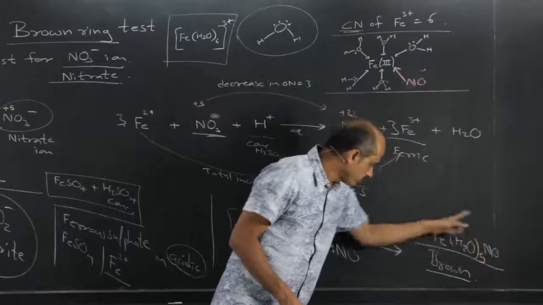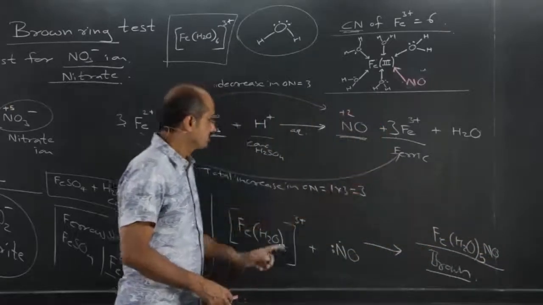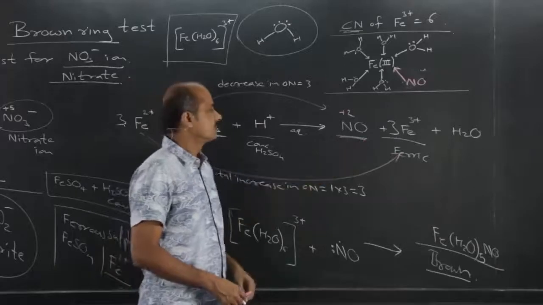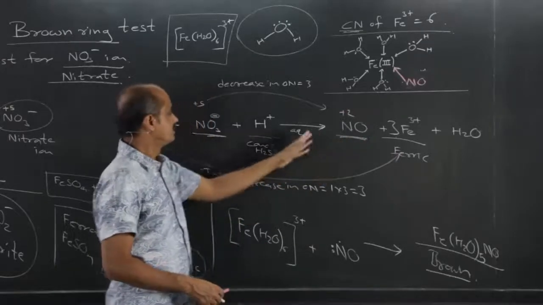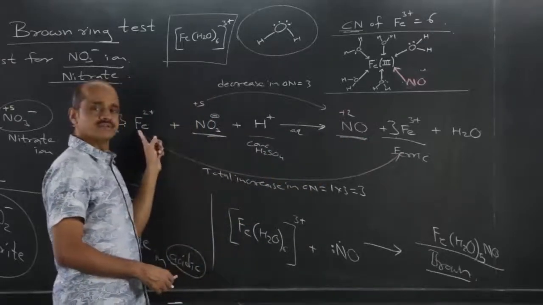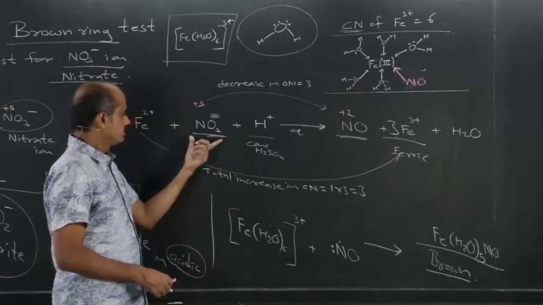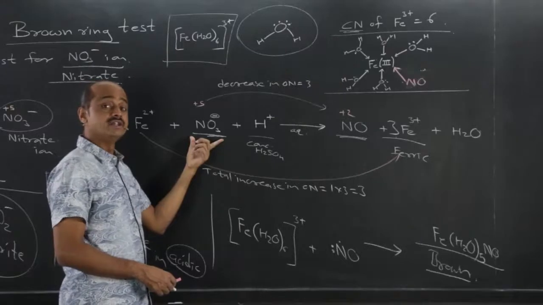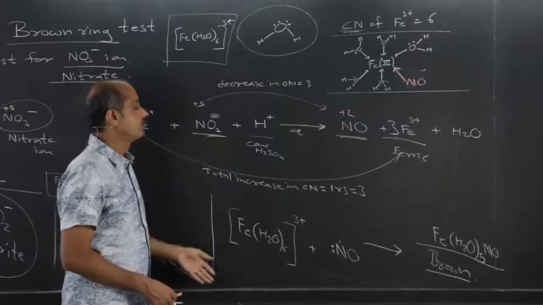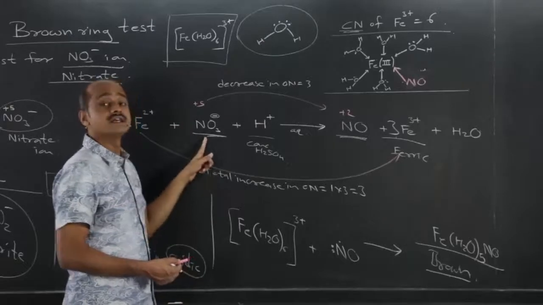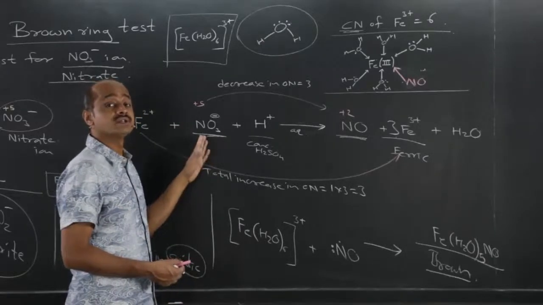It automatically means that 1 molecule of water is replaced by NO, and this is possible only when ferrous ion in acidic condition converts nitrate ion into nitric oxide. Therefore, thinking in reverse, it confirms that the nitrate ion, NO3 minus, is present.